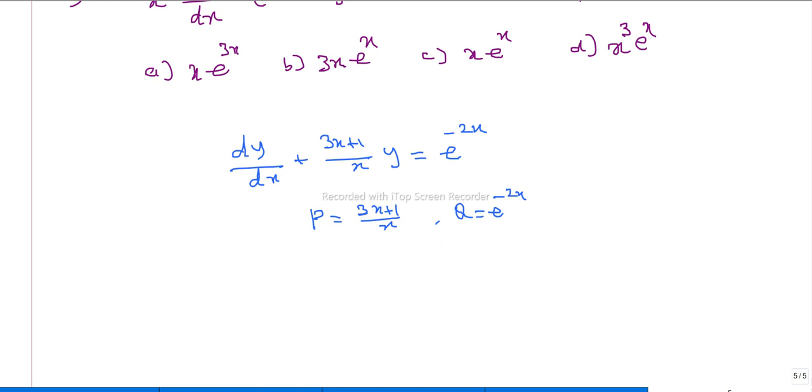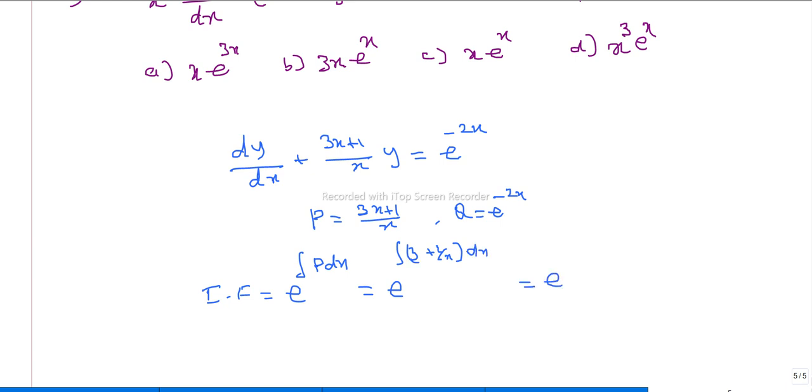Now the integrating factor is e power integral P dx. So e power integral, if we cancel x, we have (3 plus 1 by x) dx.